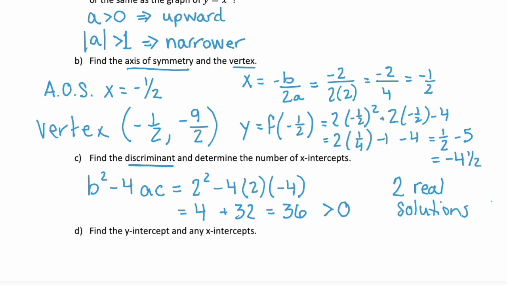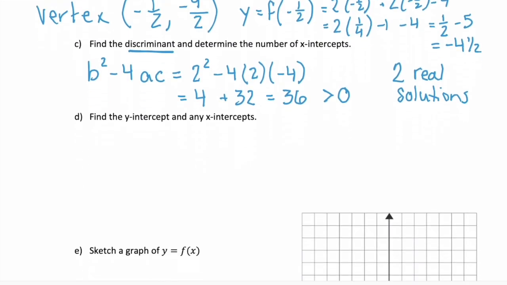Now part D, find the y-intercept and any x-intercepts. Well, the y-intercept is probably the easiest here. Remember that a y-intercept is going to be the point 0 and then some value for y. So you're substituting in 0 every place there's an x in that given function.